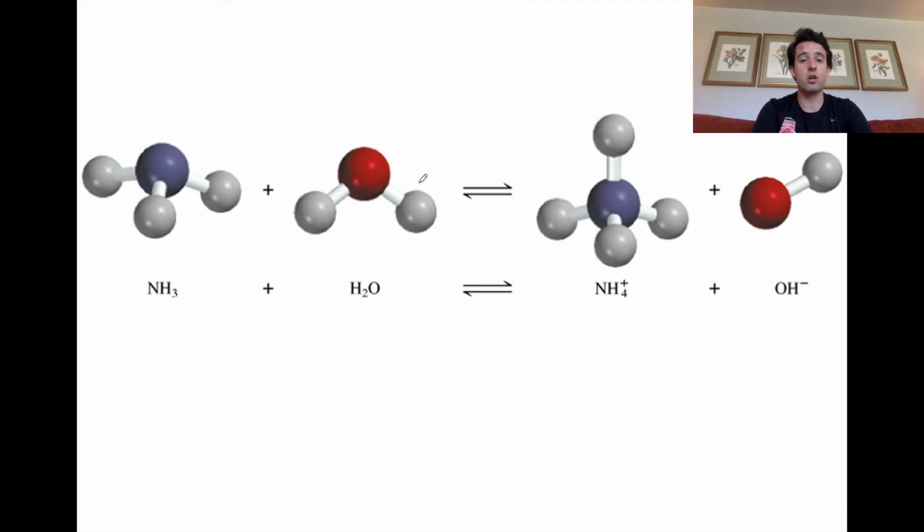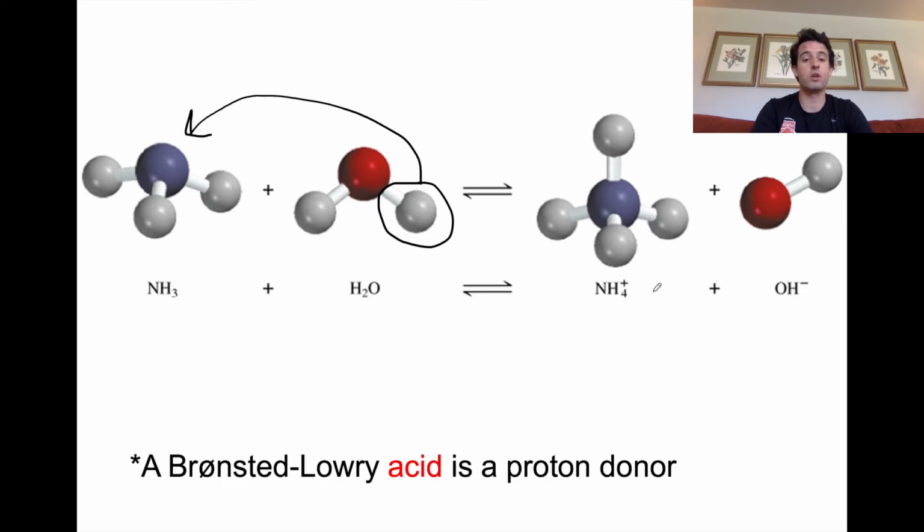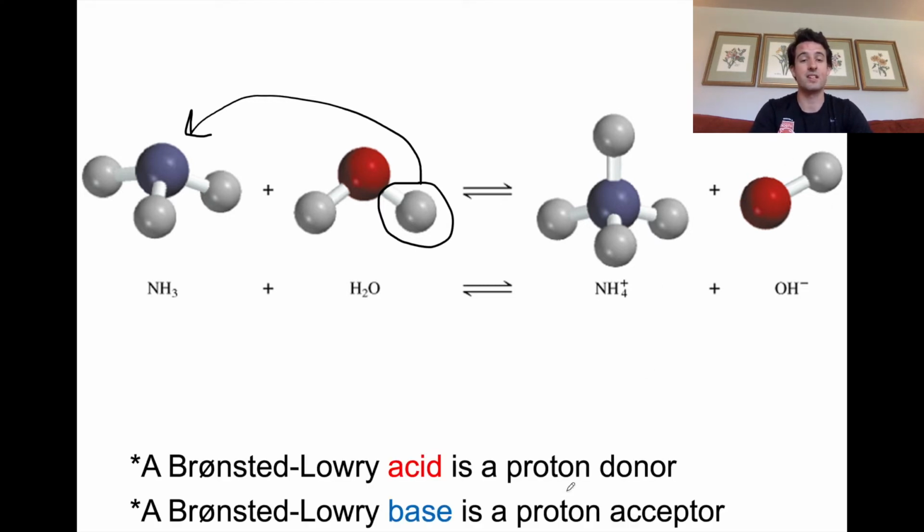Hopefully you saw that H2O loses one of its H's, one of these gray balls, and that gray ball goes to NH4+. Remember, a Brønsted-Lowry acid is a proton donor and a Brønsted-Lowry base is a proton acceptor.